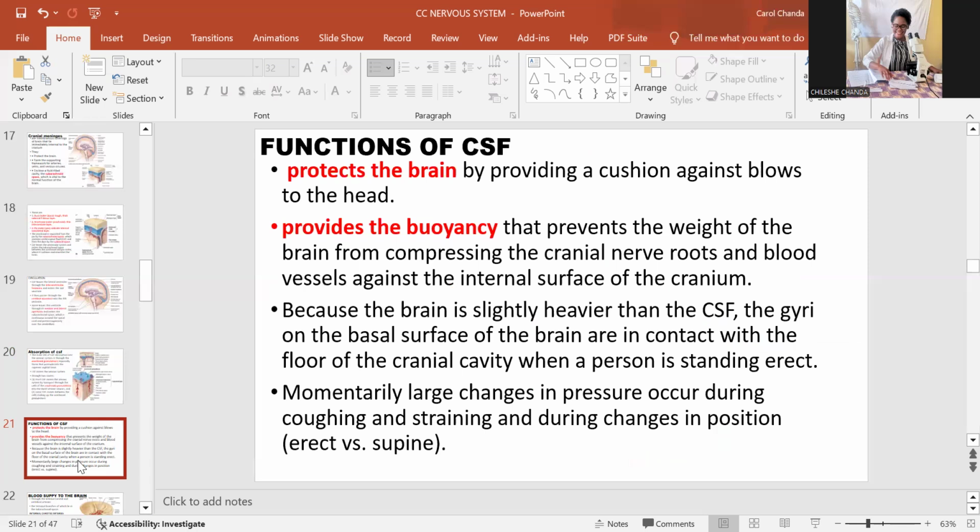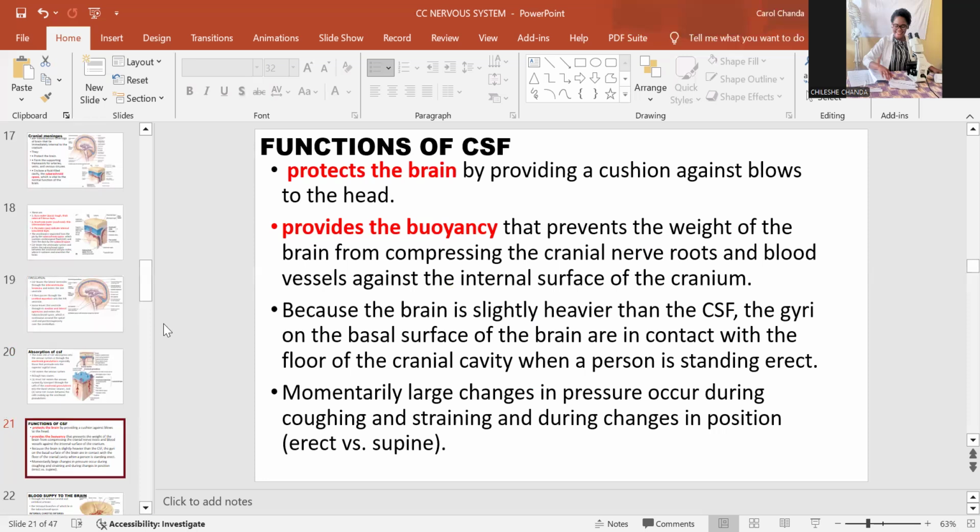Then we have the functions of CSF. One is to protect the brain. This is to cushion the brain against blows to the head. Two is to provide buoyancy, and that prevents the weight of the brain from compressing the cranial nerve roots and blood vessels against the internal surface of the cranium.